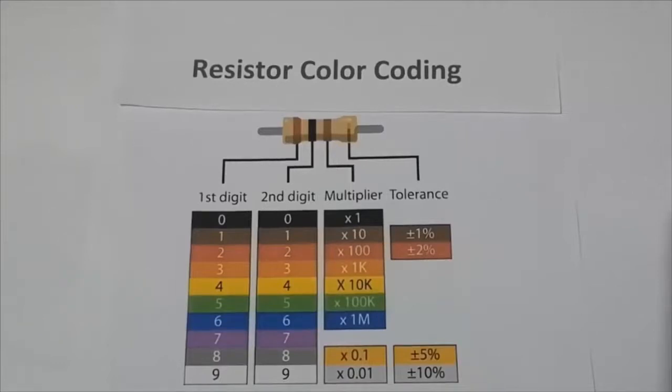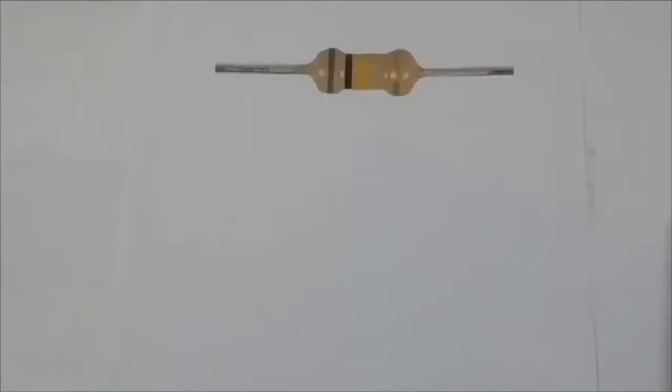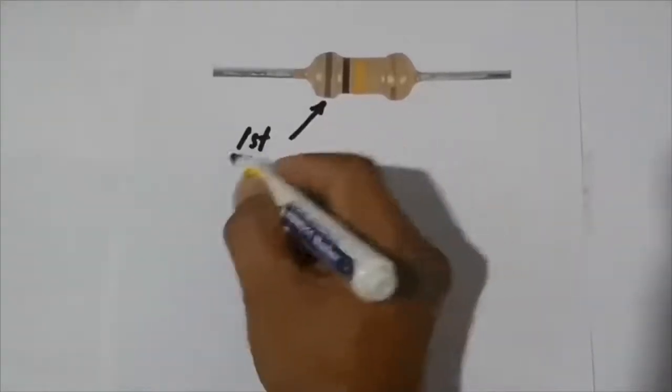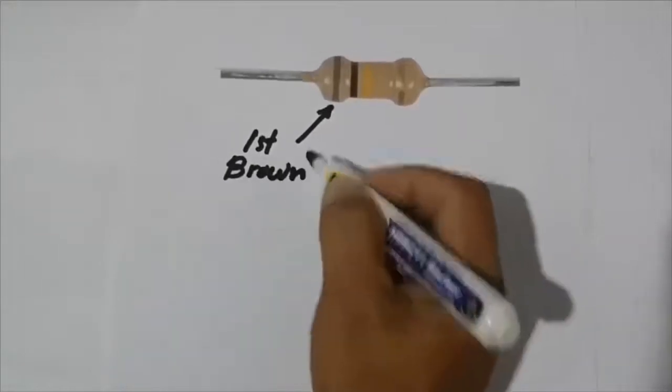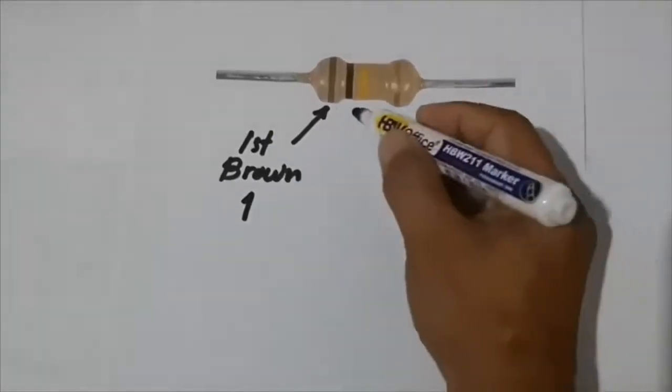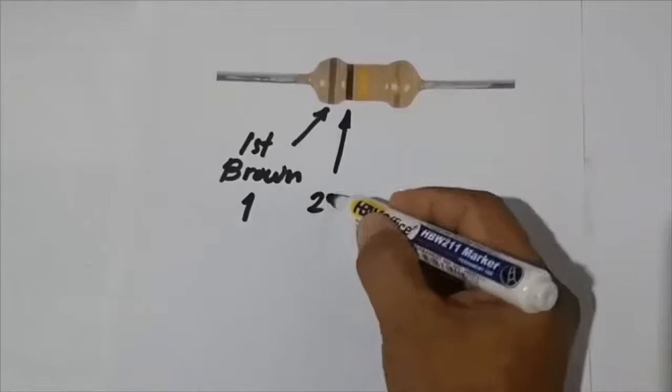Now let us start converting color codes into numerical resistance value. Here is our example. We have color bands brown, black, yellow, and gold. This is how we will read the value of the color codes of a resistor. The first color band is brown. This is equivalent to 1. The second color band is black, which is equivalent to 0.